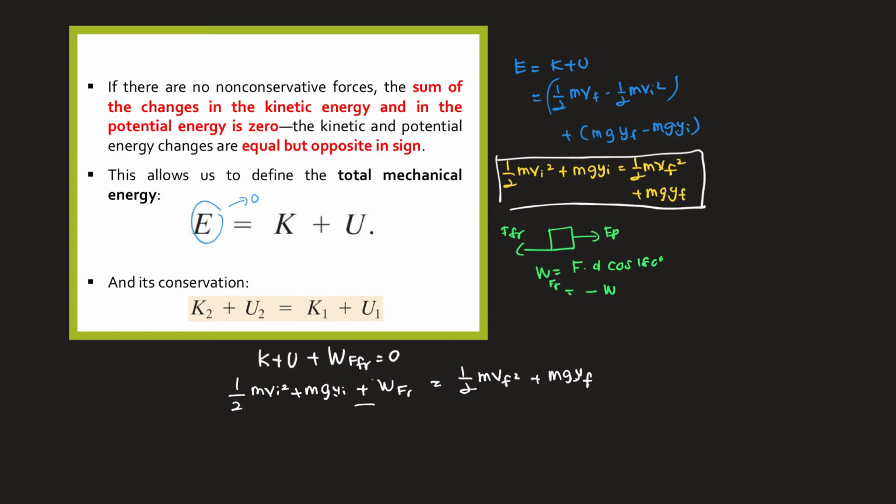The reason is that with half mv initial squared plus mg y initial plus the work done, we get force F_fr times distance times cos 180 degrees, because it opposes the motion, equals half mv final squared plus mg y final.